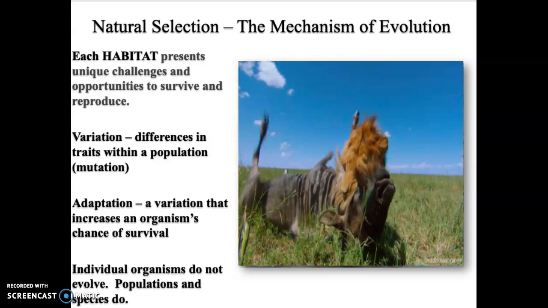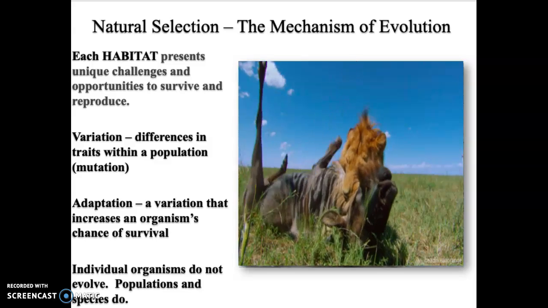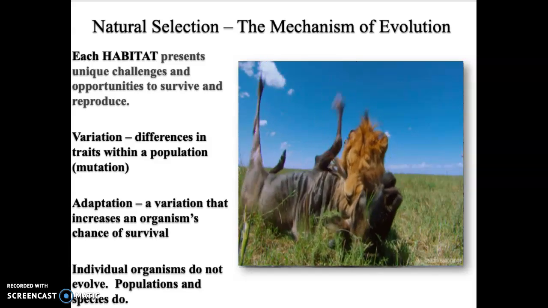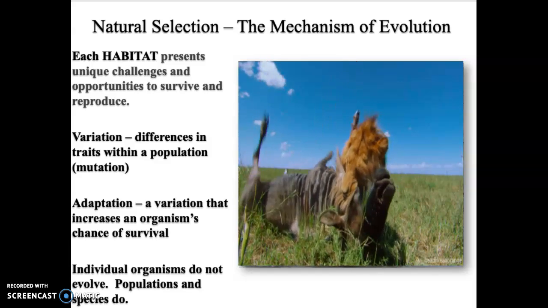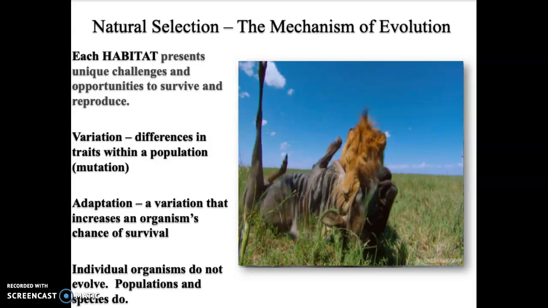Nevertheless, a variation that is selected for that allows you to better survive and reproduce is called an adaptation. It's the accumulation of these adaptations over time that allow one species to become another species. That process is called speciation.